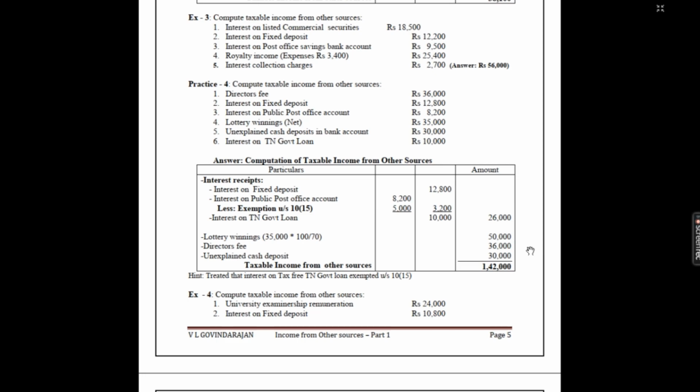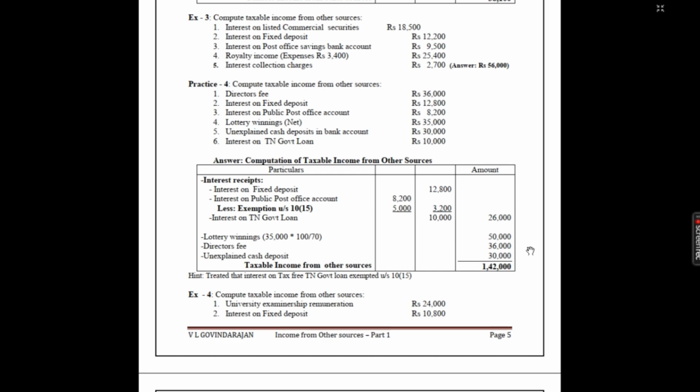Interest on TN government loan is fully taxable, 10,000 rupees. So the total amount will be 26,000.